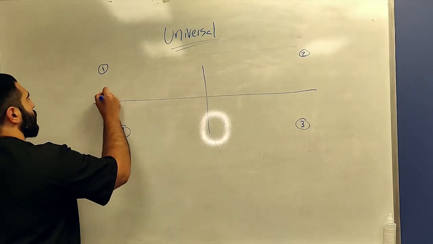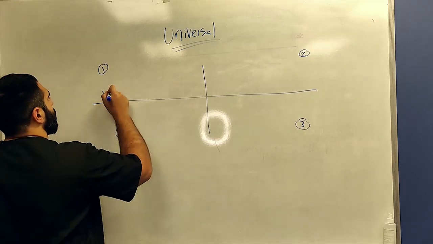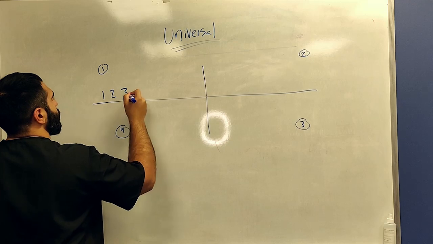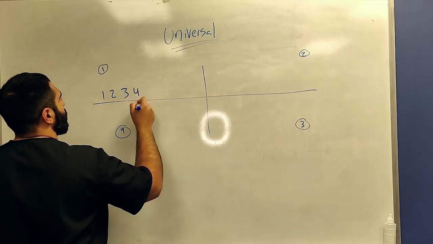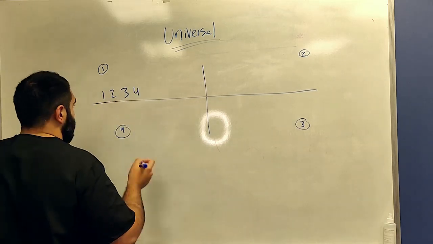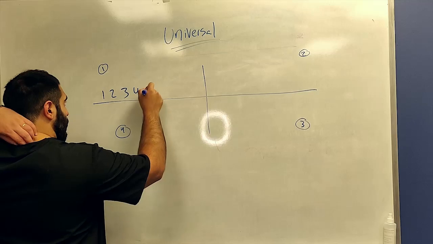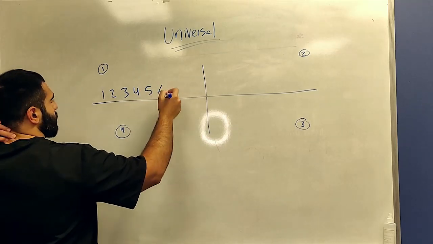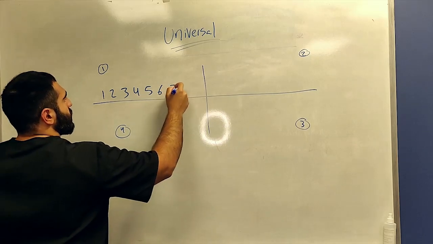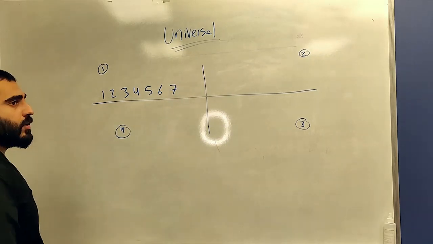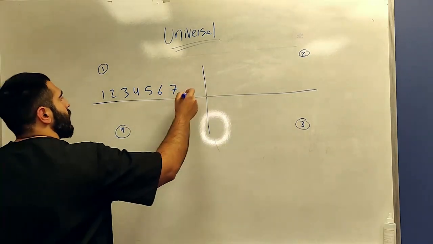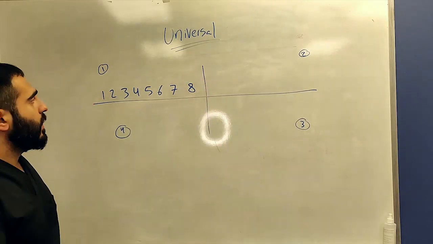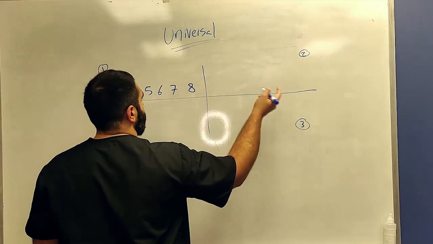So 1 being your third molar, 2 being your second molar, 3 being your first molar, 4 being your second premolar, 5 being your first premolar, 6 being your canine, 7 being your lateral incisor, and 8 being your central incisor. And then it goes on.